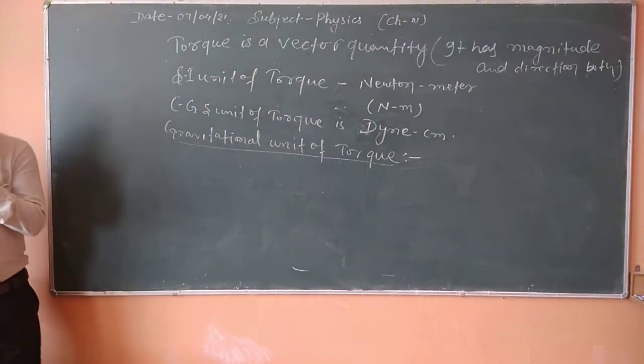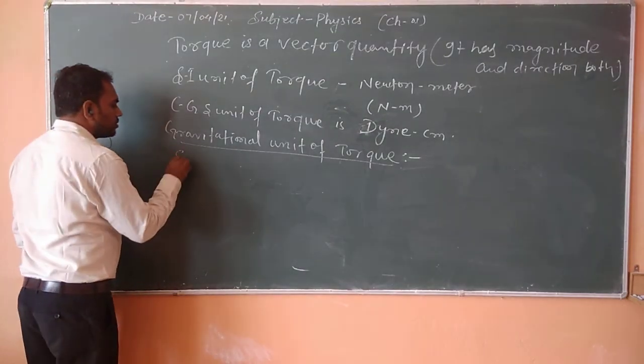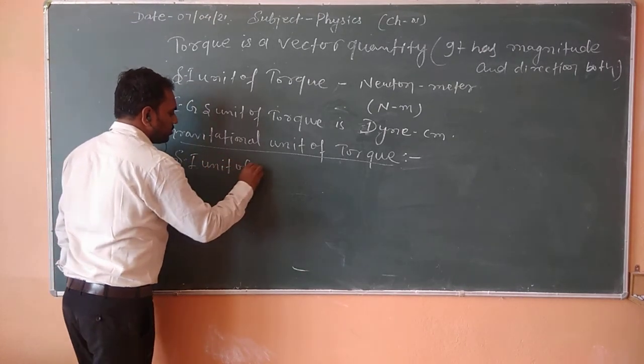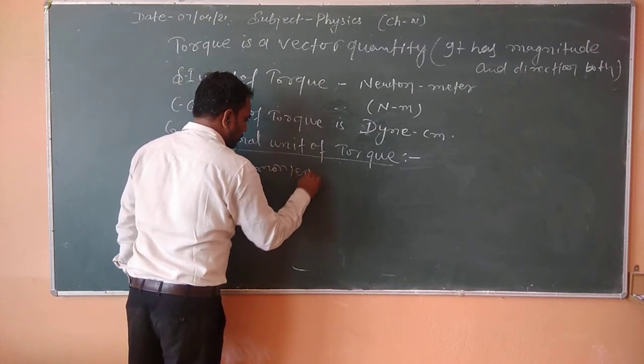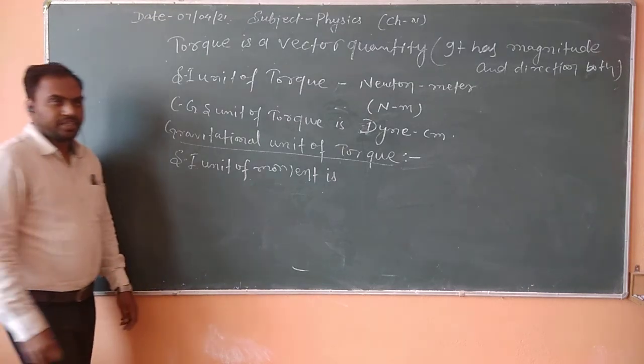So, the gravitational SI unit of moment is kgf meter.